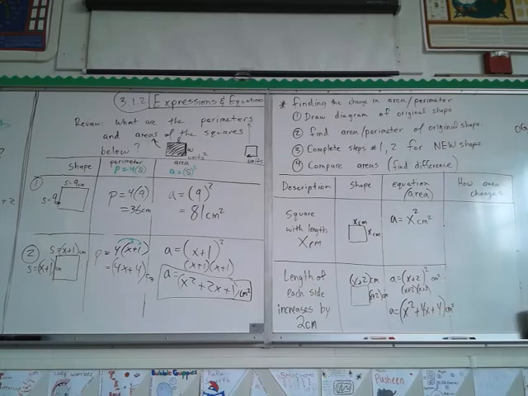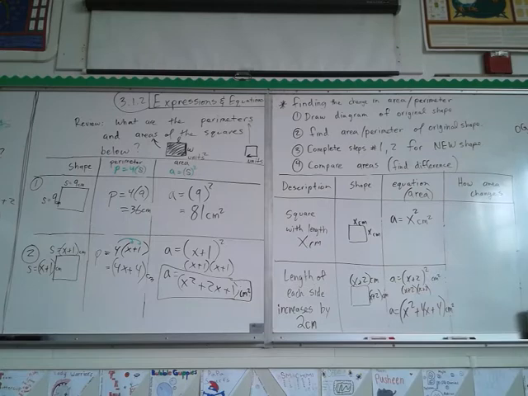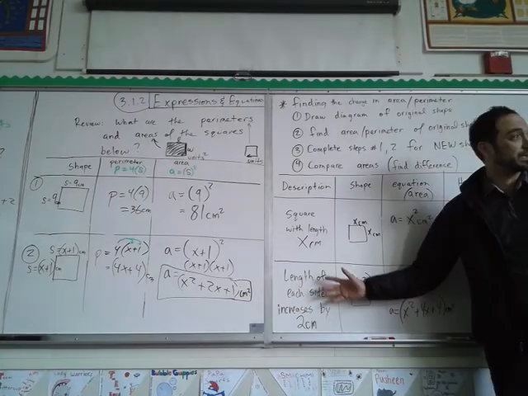Woody? It increased by 4x plus 4. Good. How do you know it increased? Because you're right, you can cancel out x squared and the other x squared and it's positive. Right, that part is true, but I don't know if that reveals why it increased. There's a real basic hint. Yeah, because you increased each side by 2 centimeters.